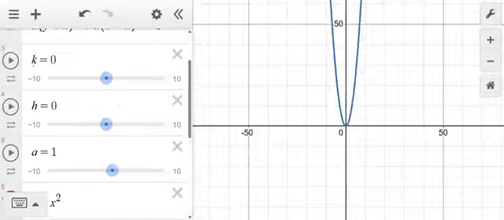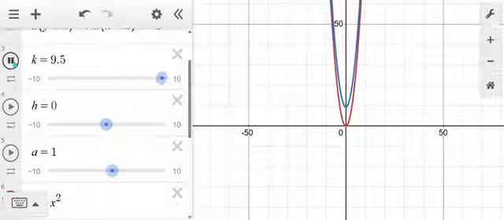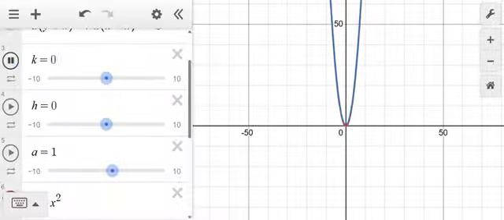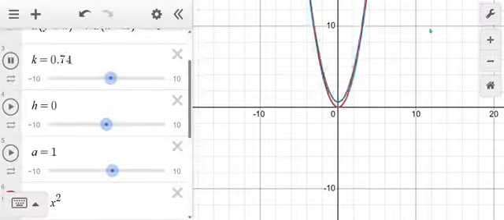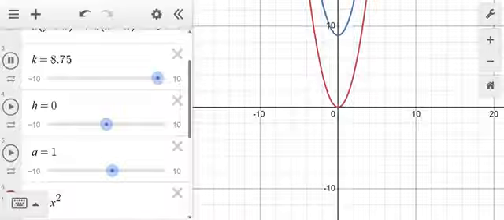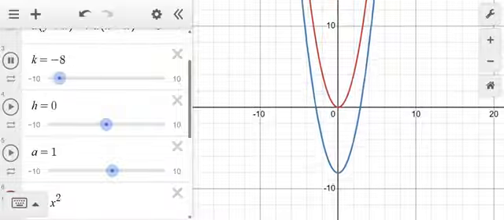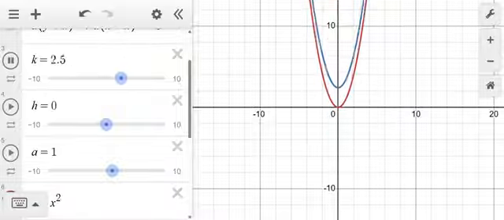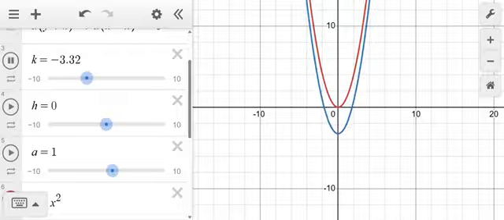Now I'm going to take this K and I'm just going to hit play. So what is the K doing? It changes the y-intercept. Take your parabola, show me. Now let's zoom out a bit.